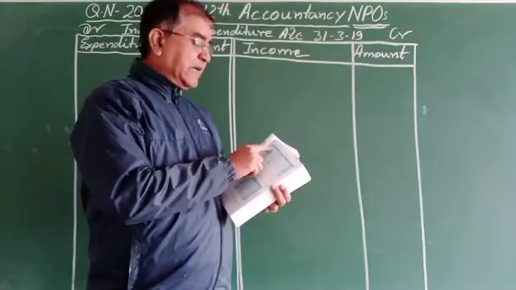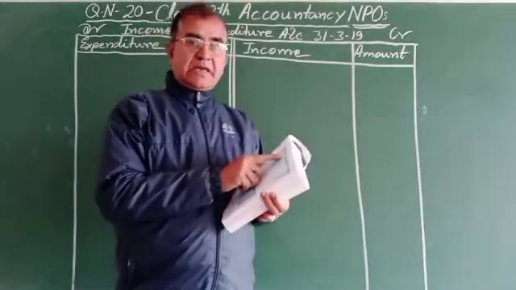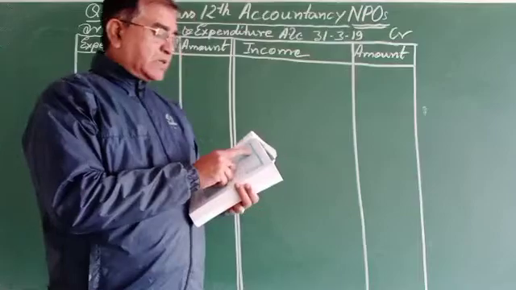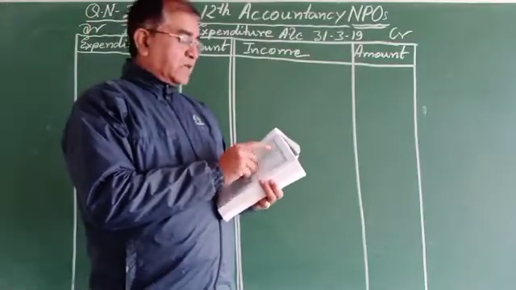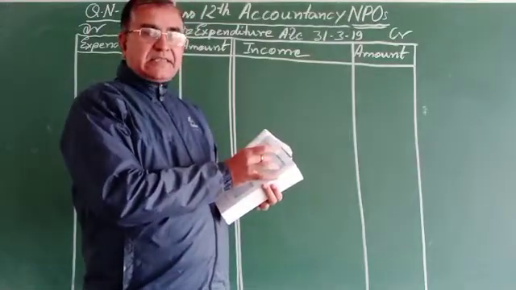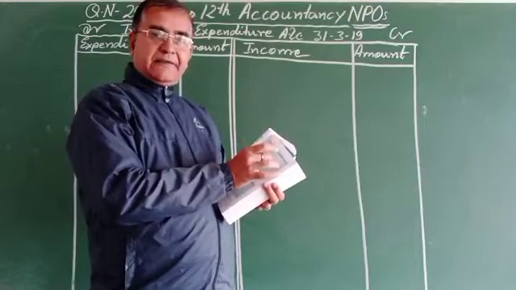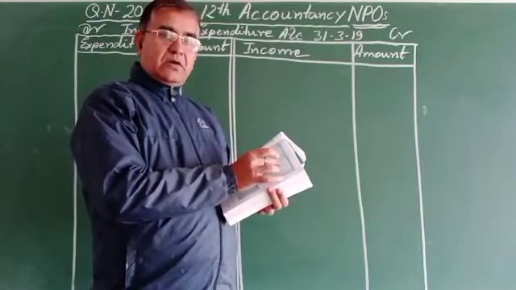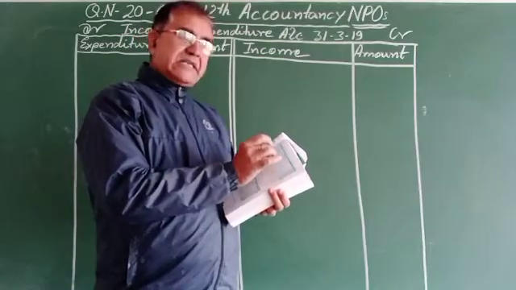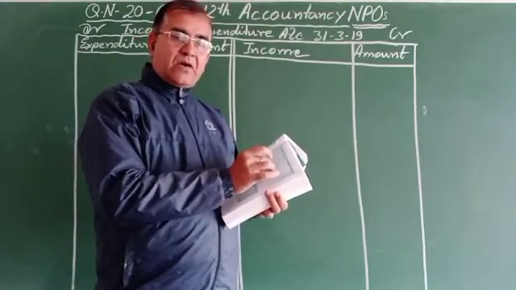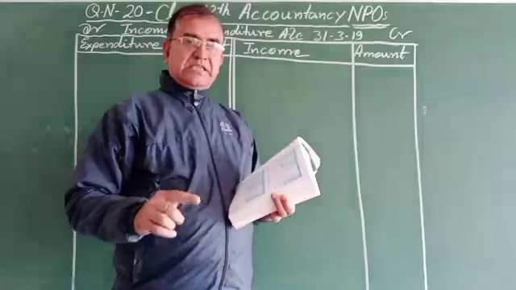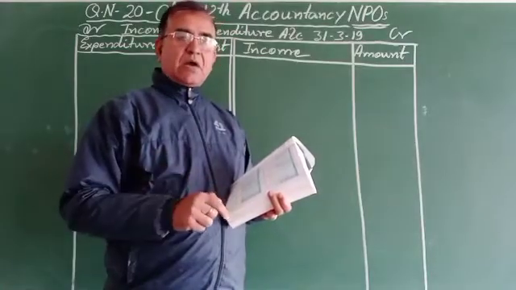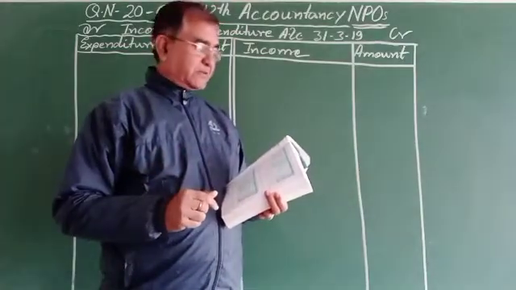To balance b/d means cash available in the organization, 6,000. This one is the cash book. Receipt and payment account is prepared just like the cash book of a profit making organization.